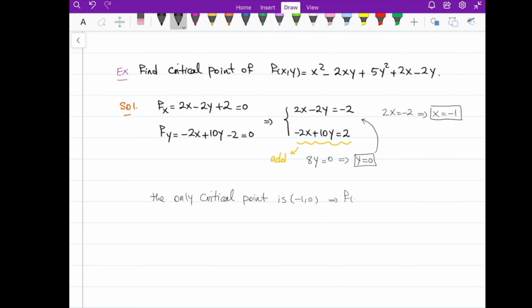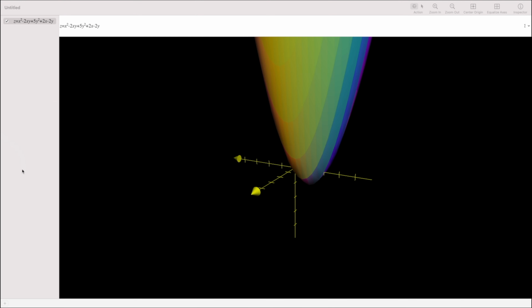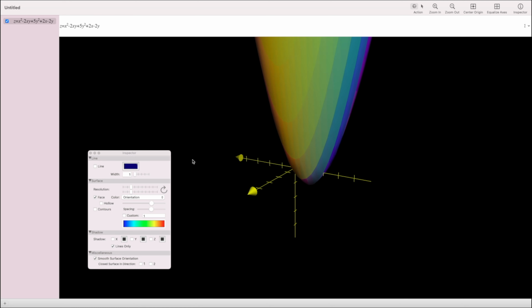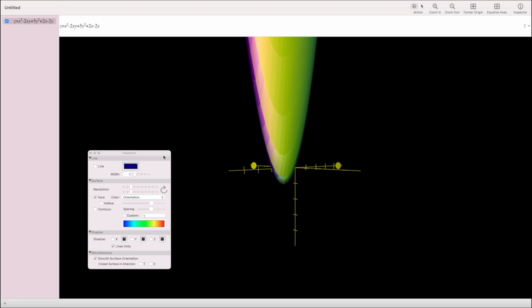And so the value of the function at negative 1 and 0, just plug it into here. This is 0, this is 0, this is 0. Negative 1 squared minus 2, which is negative 1 actually. Negative 1. Okay, let me show you the graph of this function. You see, this is the function z equals x squared minus 2xy plus 5y squared plus 2x minus 2y.